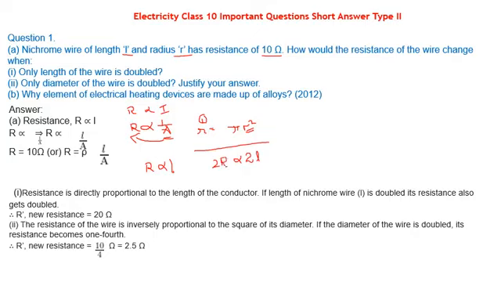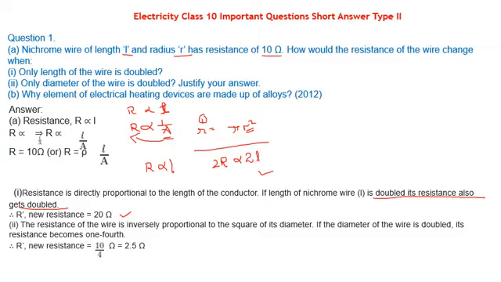If the length of the nichrome wire is doubled, the resistance also gets doubled. Here we can see the relationship. Make it L, and R is the new resistance having 20 ohm. Why? Because the double of 10 ohm is 20 ohm. So the resistance will also get doubled. From 10 it will become 20 ohm.